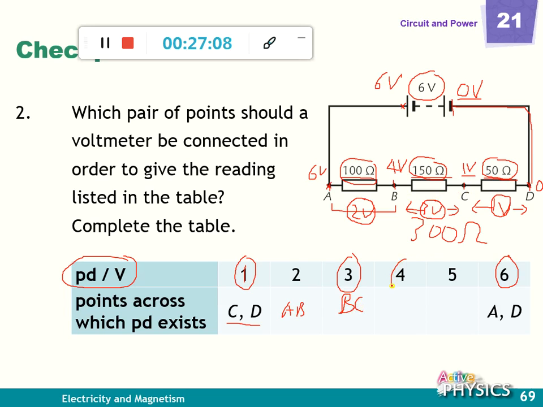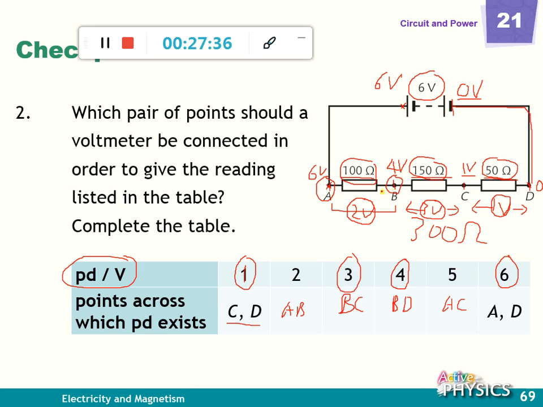How about the difference is 4? 4 should be 4 and 0. For 2, we should find 2 volt, but here we can't find any 2 volt. So this one should be B and D. For 5, it should be 6 and 1, AC. Then that's all. Okay. In this checkpoint question number 2, you should focus on the potential.